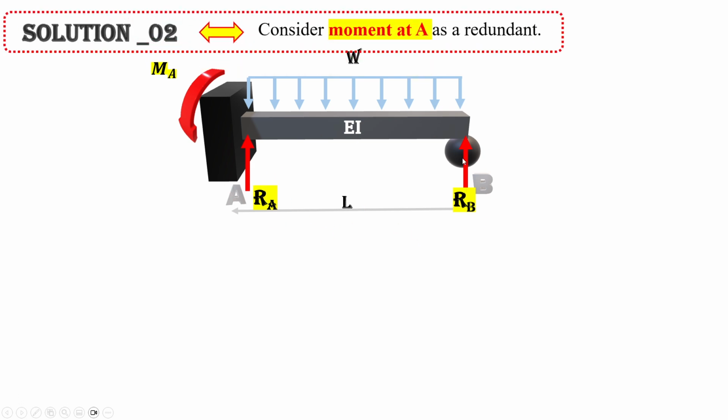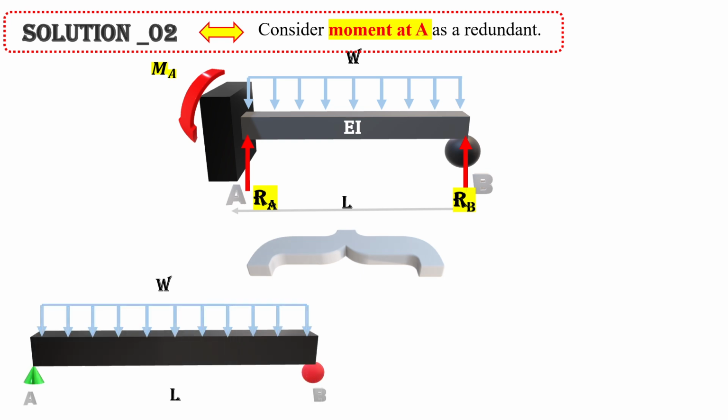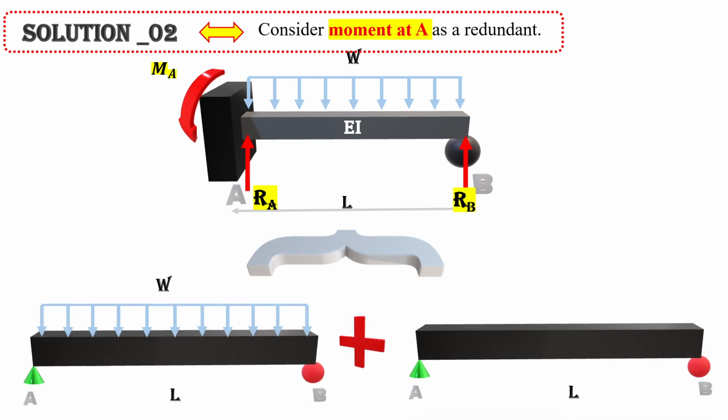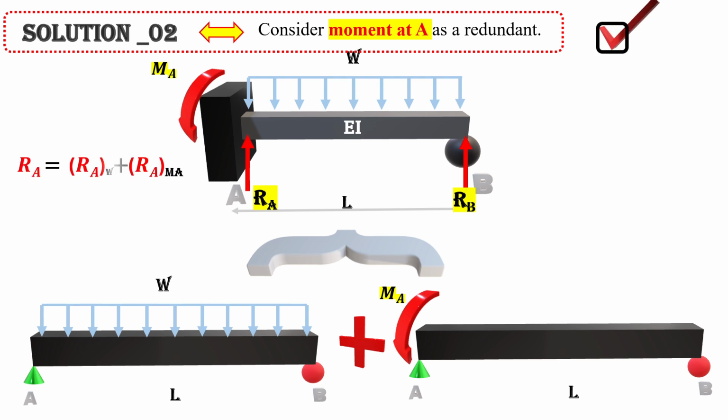So as soon as we have our moment, we can add the reactions for both of these beams together: R A due to loading plus R sub A due to moment. And if you remember, you can easily know the reaction of each of these supports for the distributed load is WL over 2.